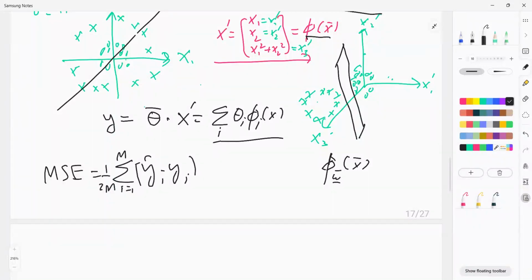Since the predicted model is linear, we get a paraboloidal type of cost function with a global minimum only, and there are no local minima. So it's a very nice optimization problem. That's why this linear model is preferred whenever we can use it.